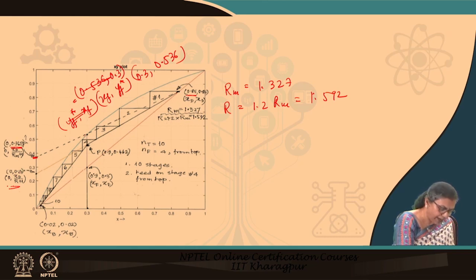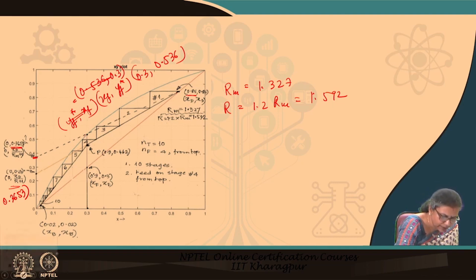So, the y intercept in this particular case, no sorry, the point corresponds to 0.25. I will be rubbing it off once.